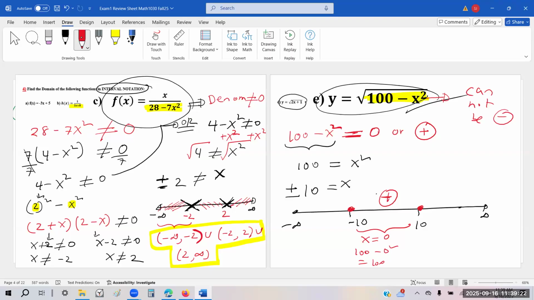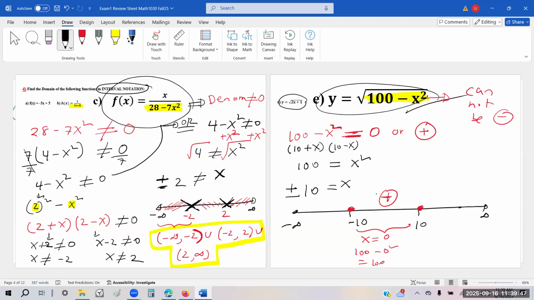So since this is positive, the other two will be negative. Because if you try to factor this, did I show you that in this class? When you have odd power in your factor, then the sign alternates. Did I tell you that? No? Okay. So if you factor this without solving, two factors will be 10 plus x, 10 minus x, right?